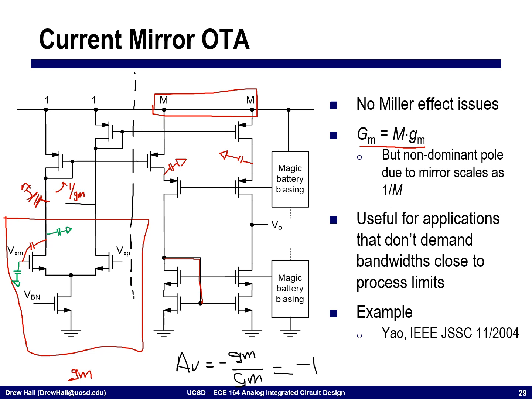Okay. So what that says is that in terms of voltage gain, I actually don't get any voltage gain from this first stage. Okay. I have a low impedance stage that's simply copying the current.